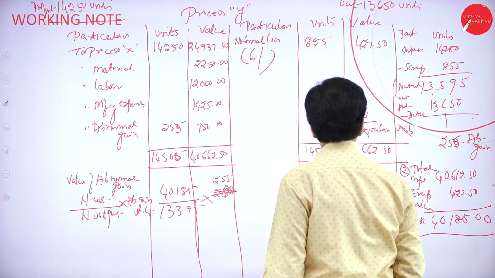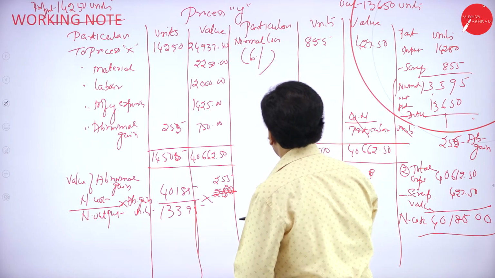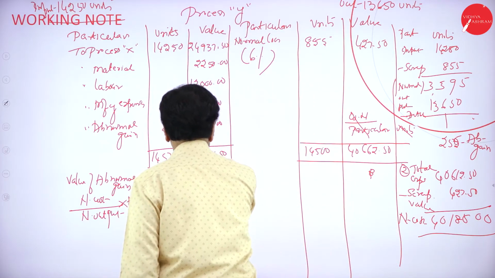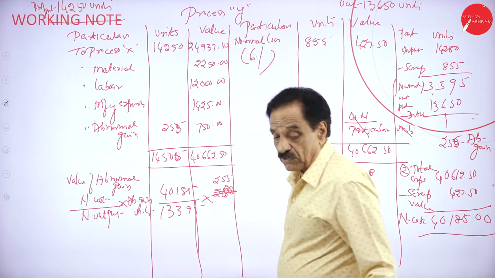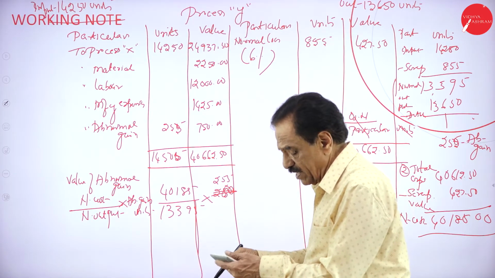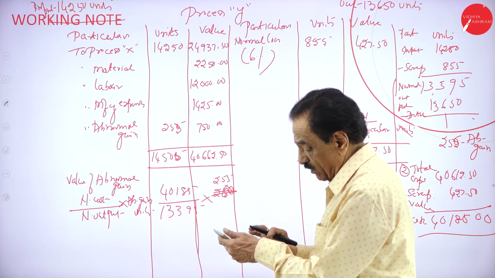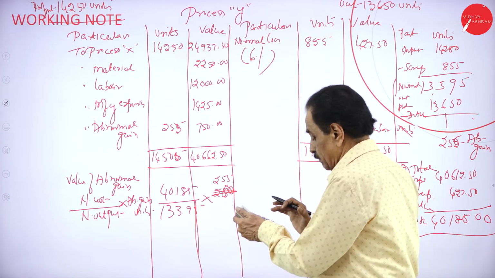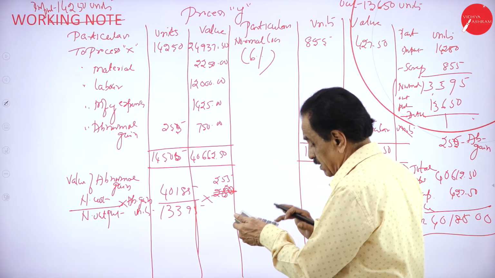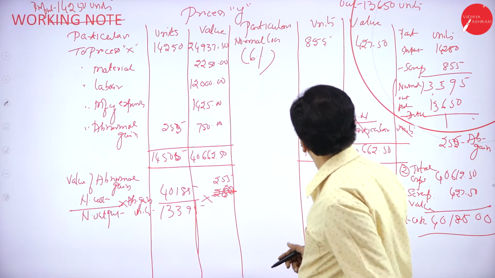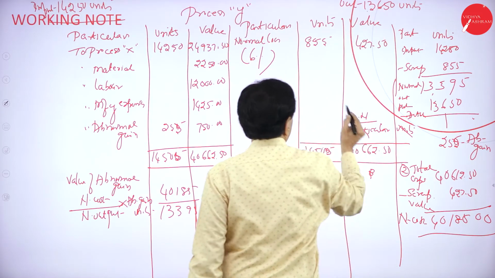It is 14,500. Then 14,505. 14,505 minus 855. 13,650. This answer should come.